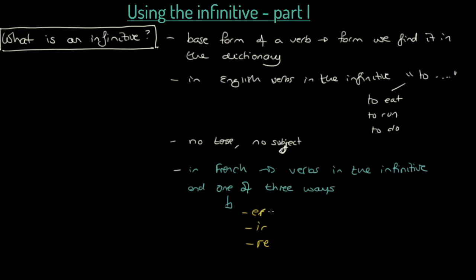So if you see or hear a verb in French that ends ER, IR or RE, then you're seeing the infinitive form of that verb. For example, manger, to eat, courir, to run, and faire, to do. We've got an ER verb, an IR verb, and an RE verb. So that's how we spot them in French.